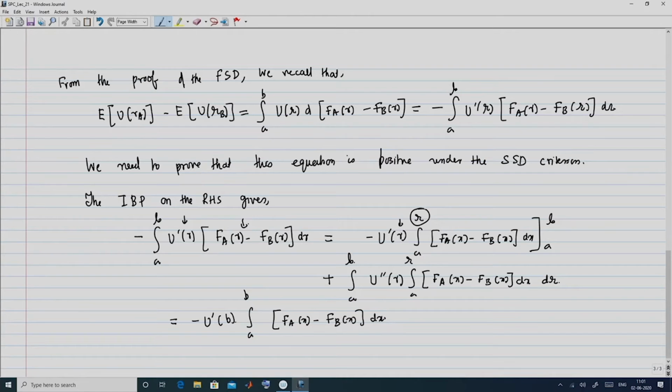When you replace r with a, then obviously this integral becomes 0, so the term with a vanishes. For the second term we will have plus integral a to b u double prime of r, which remains as it is, integral from a to r of F_A of x minus F_B of x dx into dr.